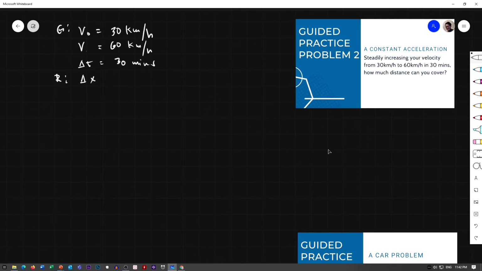So let's just proceed on writing the equation. So we have delta x is equal to v plus v sub 0 divided by 2 multiplied by time. Okay? So as you can see, the units are not similar. So you can convert them. Okay?